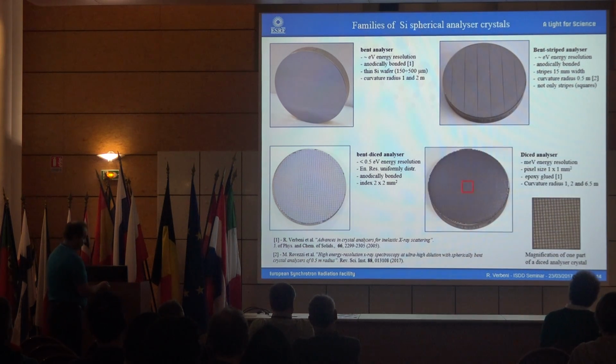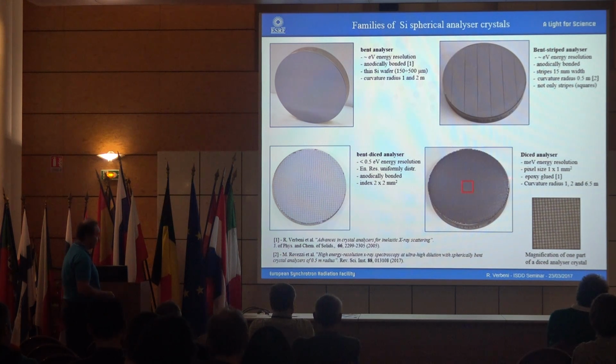The last analyzer, what we call the diced analyzer, has thousands of small pixel cubes, normally with a size of 1 by 1 millimeter, 3 millimeters of thickness, glued on a spherical surface. These are glued with epoxy.